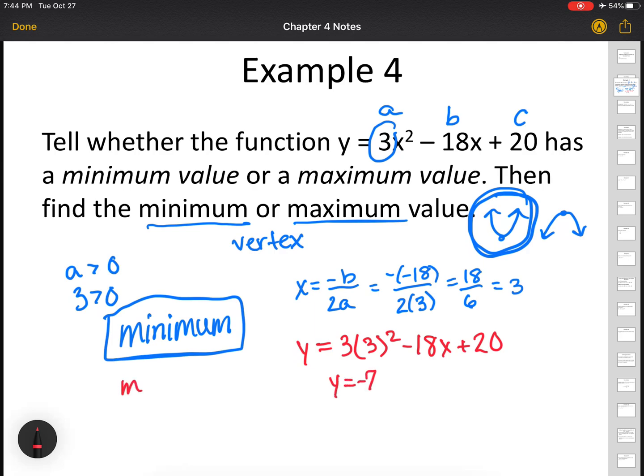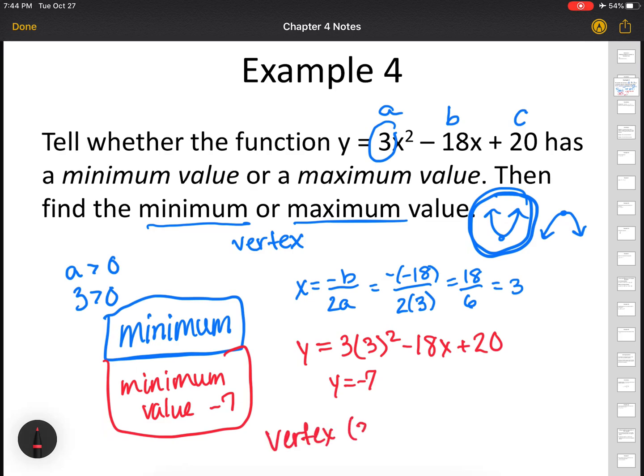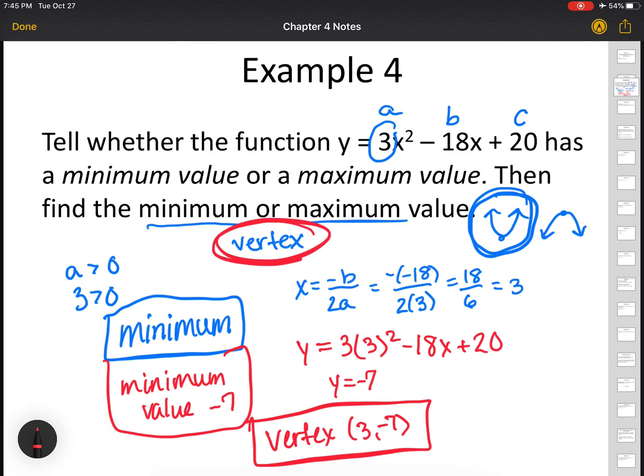So my minimum value, or my lowest point on my parabola, that y value is negative 7, because my vertex was 3, -7. And that's all I needed because it was a minimum, and I found that minimum or maximum value. So anytime you see a minimum or maximum and you need to find its value, you're always going to be taking a vertex.